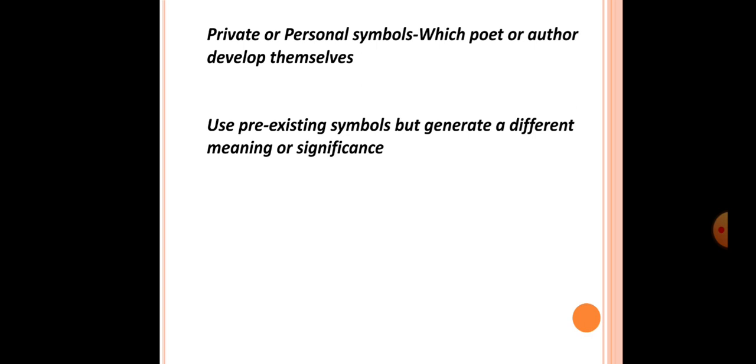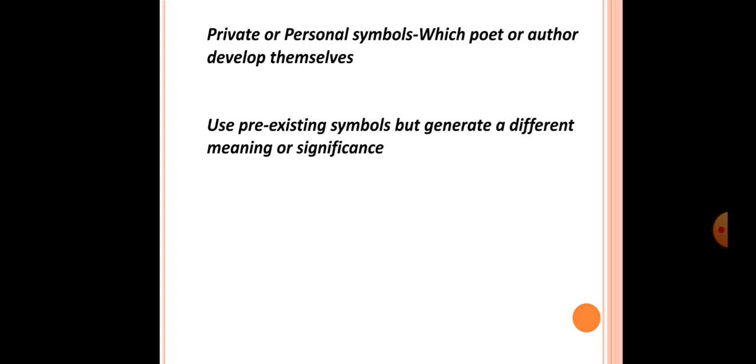For example, the general tendency to associate a peacock with pride and an eagle with heroic endeavor, or to associate the rising sun with birth and the setting sun with death. But some poets, however, often use symbols whose significance they mainly generate for themselves, and these set the reader a more difficult problem in interpretation.